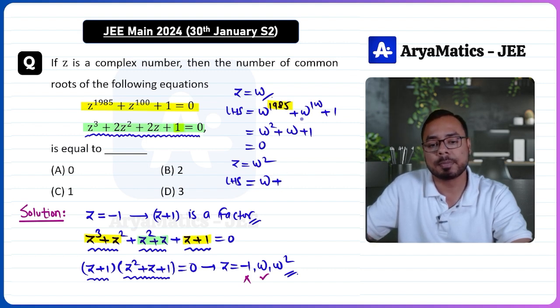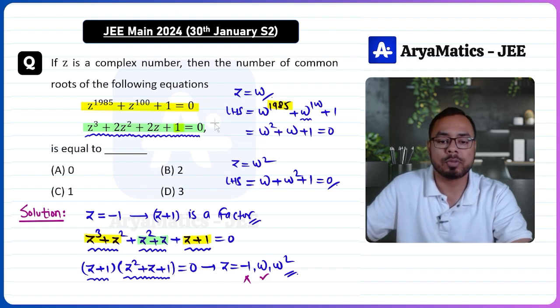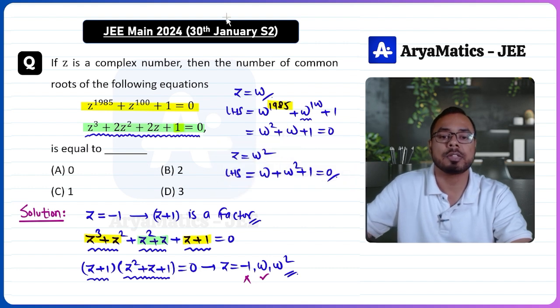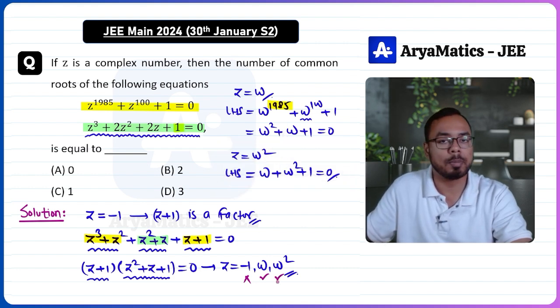And similarly, the second term, omega square raised to 100, which is omega raised to 200, when you divide by 3, you will get omega square. 198 is a multiple of 3. So this will become omega plus omega square plus 1, which is again 0. So as you can see, z equals omega and omega square, both of these numbers will satisfy the first equation also. So therefore, this is also a common root, right?